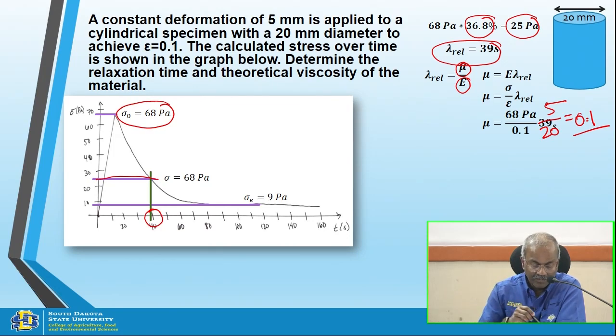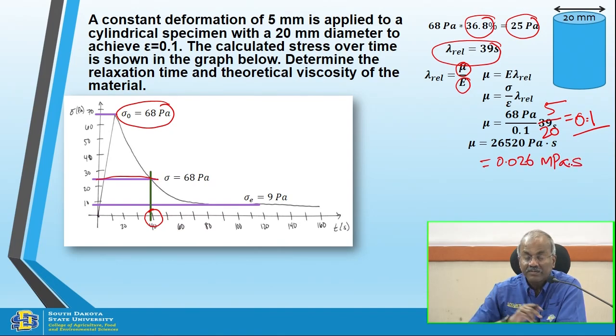So 68 Pascal is the stress, the corresponding strain is 0.1, and then you multiply by 39 seconds, which will give you 26,520 Pascal second, or 0.026 megapascal second.